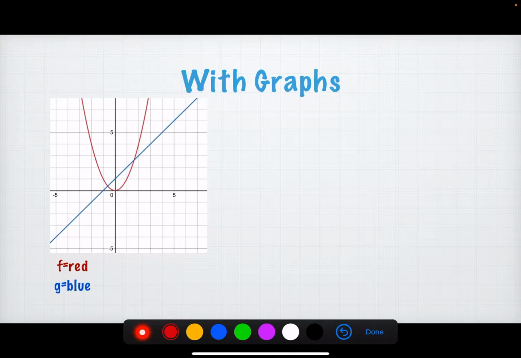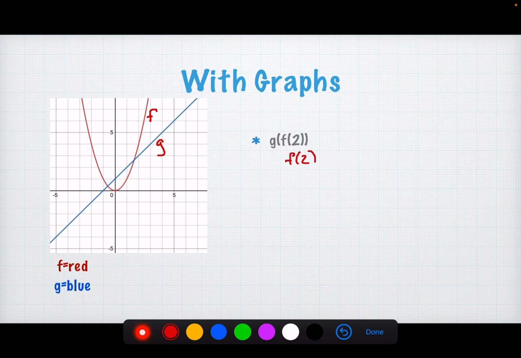Now, graphs. In this particular example, our red function is f, and our blue function is g. Same idea. We're going to find g of f of 2. The first thing I have to do is find f of 2, which means I have to look at my red function and figure out what is happening when x is 2. If x is 2, if I go all the way up to f, it looks like y is 4.